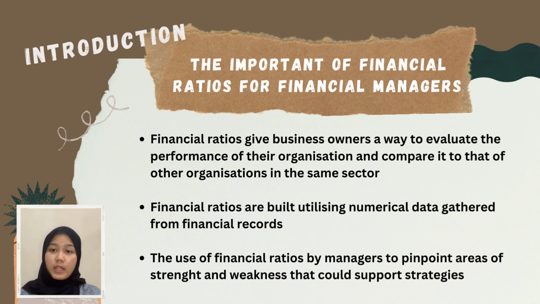In order to get analytical information about a company, financial ratios are built utilizing numerical data gathered from financial records. It is used to compare one company's financial situation or output to that of other businesses. Additionally, it is a tool used by investors to investigate and discover more about the financial background of a business or an entire sector.